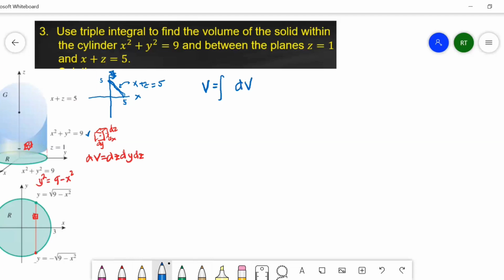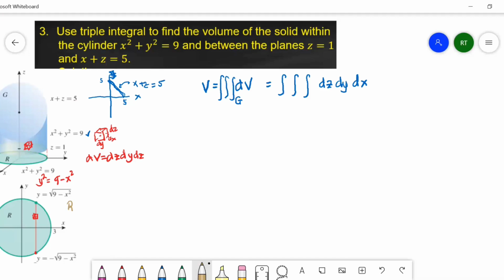Now, if we evaluate the triple integral over the region G, where the differential of v equals dz dy dx, then the volume is equal to the triple integral of dz dy dx. So we can now have the interval in the region R.